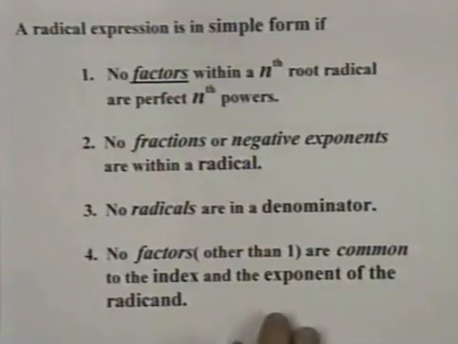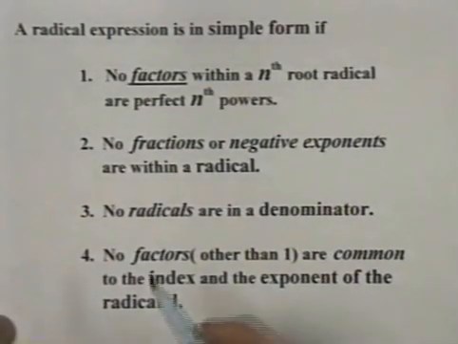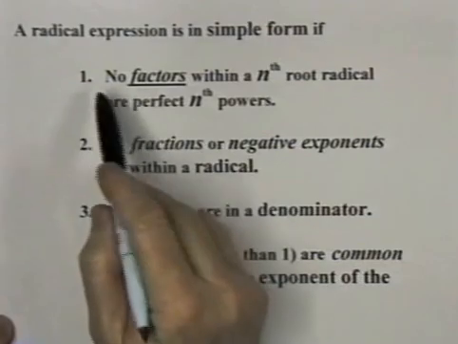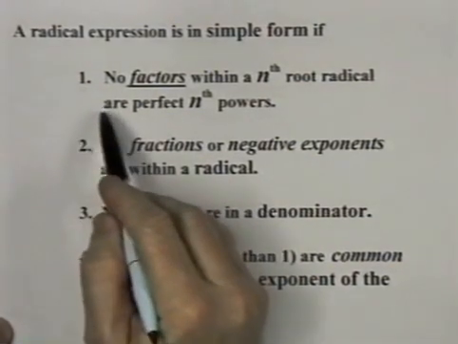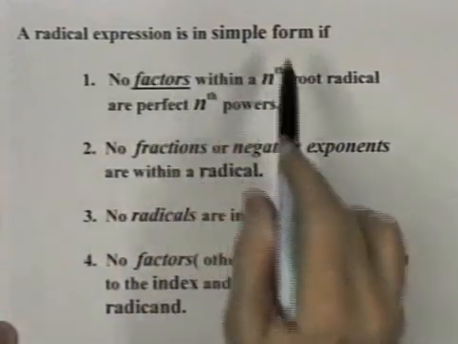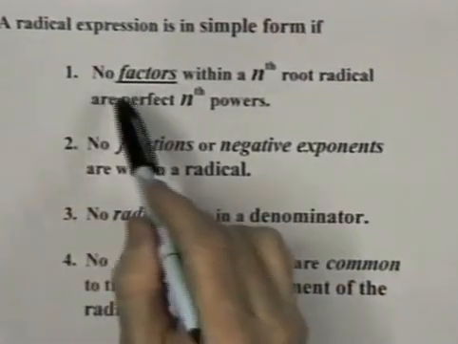So let's summarize, put all this together, and look at the 4 no-nos that we now have, that we don't want a radical expression to have in its final form. It says a radical expression is in simple form if: 1.